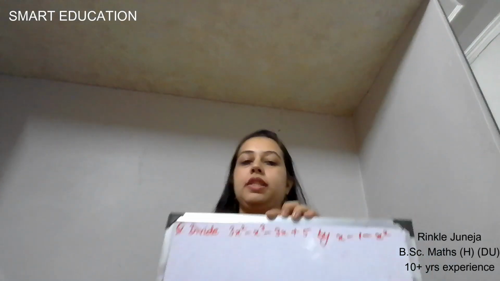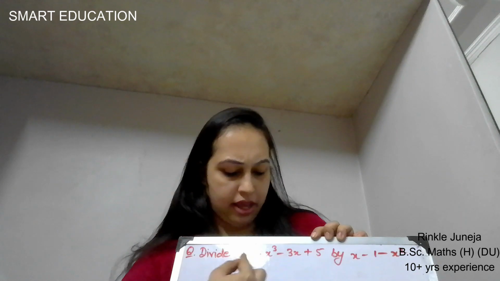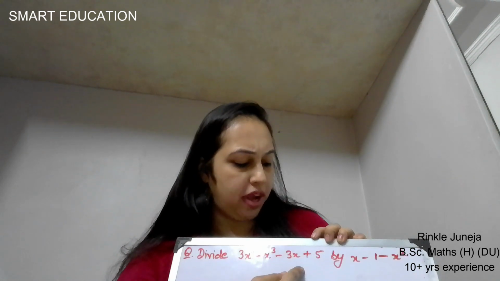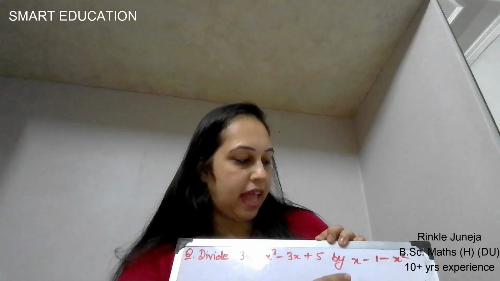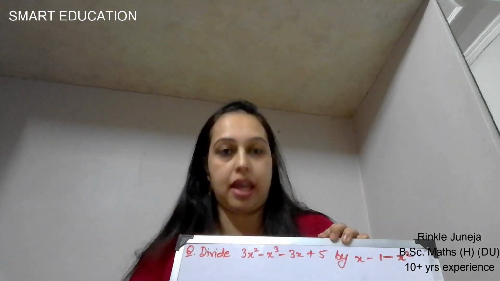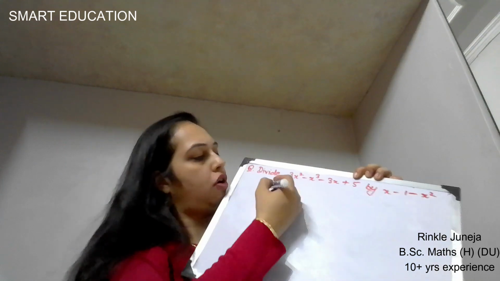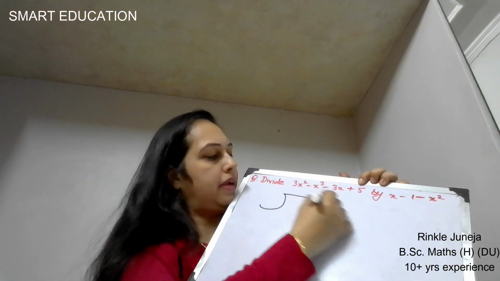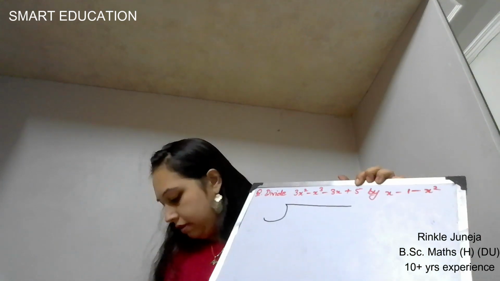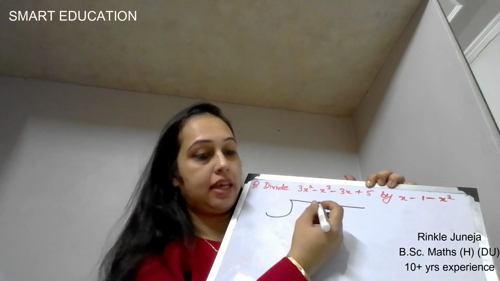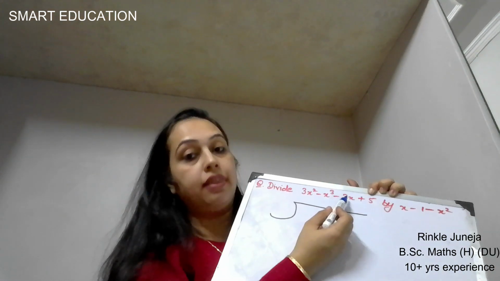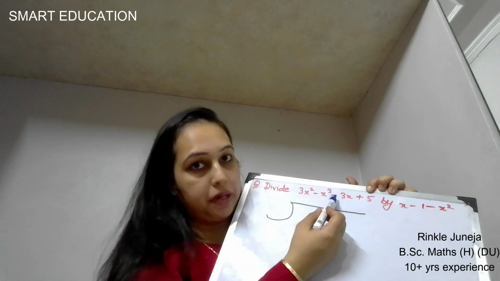Now let's try a different question. The question says divide 3x square minus x cube minus 3x plus 5 by x minus 1 minus x square. So let's divide this. Like we did in the normal division method, we'll make a division column, we'll write down the numbers. Now we need to take care. The polynomial should be written in the decreasing power of the variable.